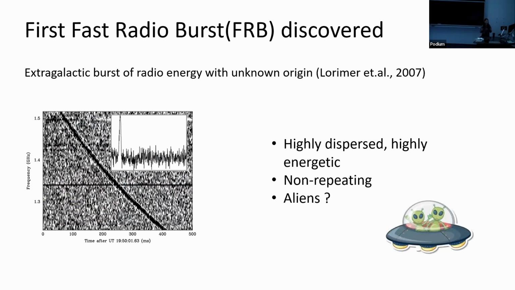This dispersion, when measured, there was a very high dispersion measure, something that could not be explained by this object being in our galaxy. Also, it didn't repeat, which means that it's not a pulsar, because pulsars, they pulse all the time, they repeat. So that was another very mysterious thing about this burst of radio energy that we concluded to have extragalactic origins.